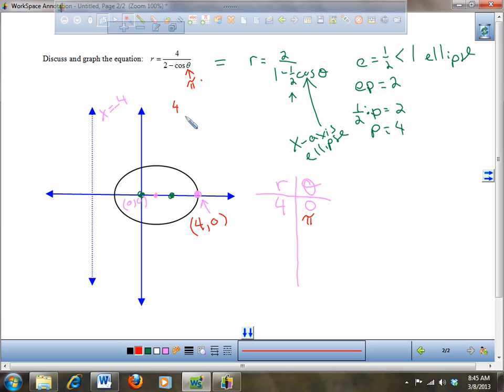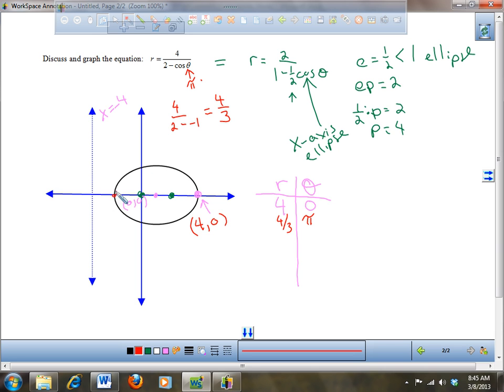So I'm going to get 4 over 2 minus -1, which comes out to be a nice 4/3. It would be positive 4/3.